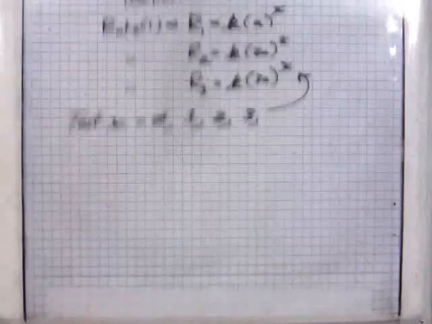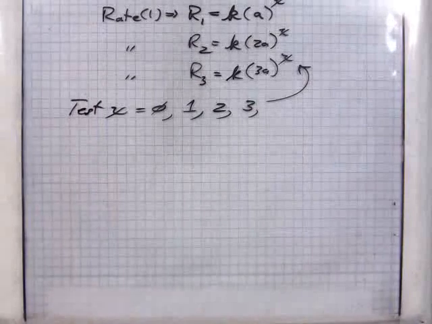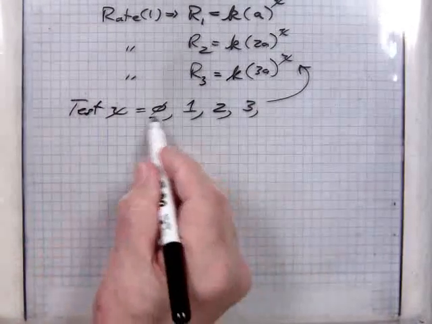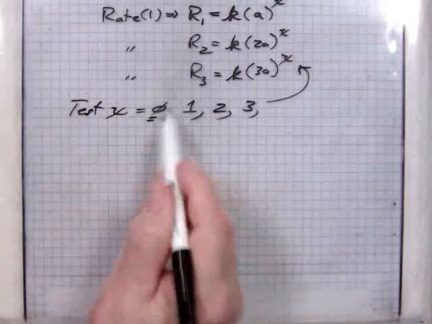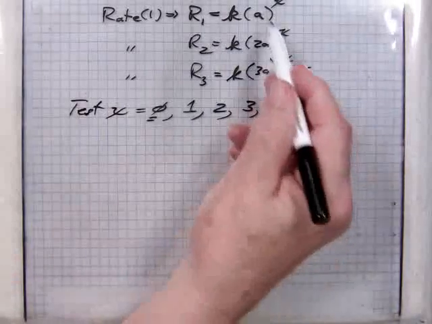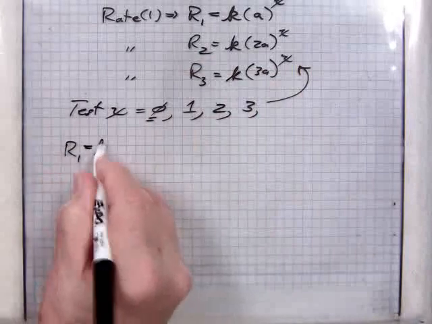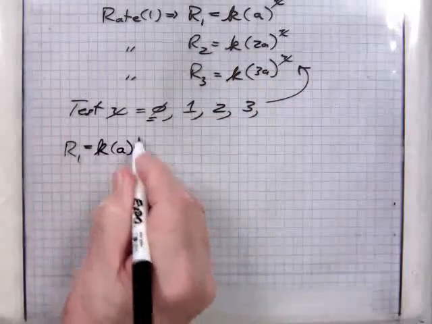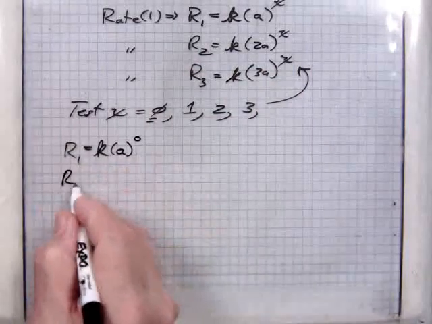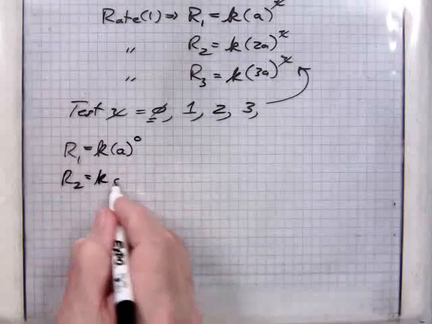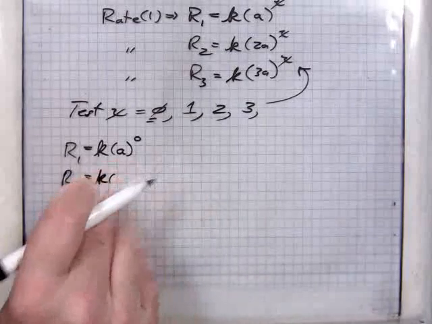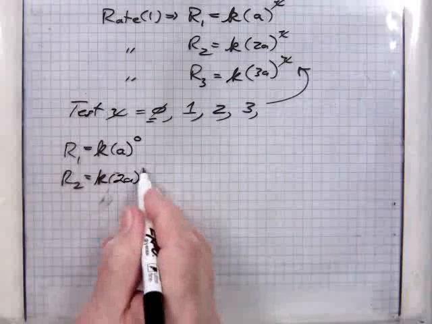Now I'll come up here like this. So we're starting with, let's see what the trend is if everything's 0 power in our rate expression. So we'll take rate 1 equals K times A raised to the 0 power. Rate 2 will be K, 2A, excuse me, 2A raised to the 0 power.